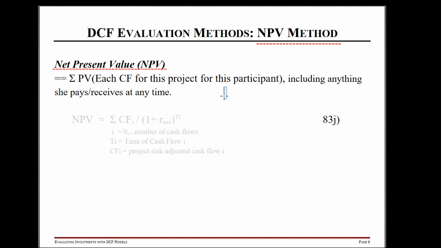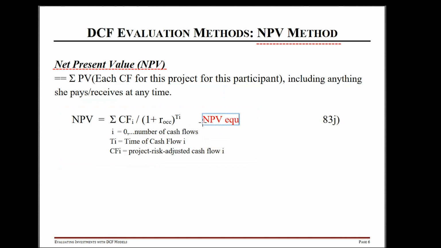So we can write this mathematically, and here's our NPV equation. It looks very much like our PV total equation that we had in chapter 8b. The difference here is that instead of I equals 1 for that first future cash flow, we're going I equals 0 to the number of cash flows.